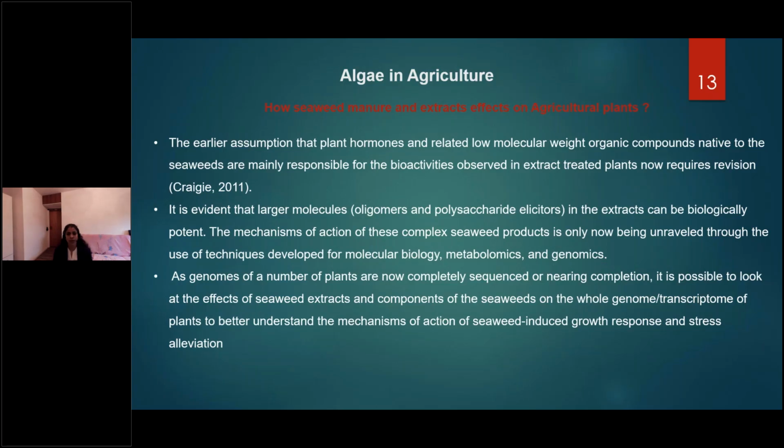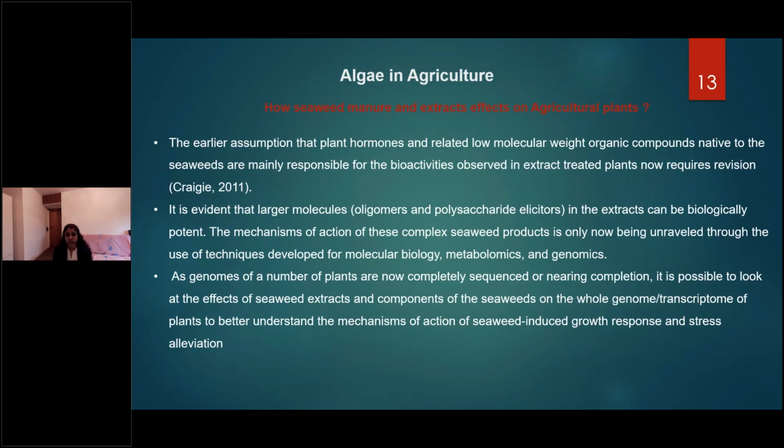Now, it requires more and more revision, because nowadays, by using techniques, for example, molecular biology, metabolomics, and genomics techniques, research is happening on completely sequencing plants. Why do we need genome sequencing of plants? Because we should know what plants go through under abiotic and biotic stresses, and how we can come across these problems by using the effect of seaweed extracts.